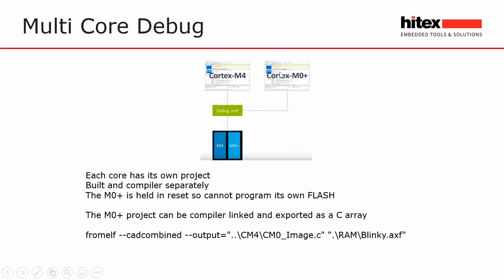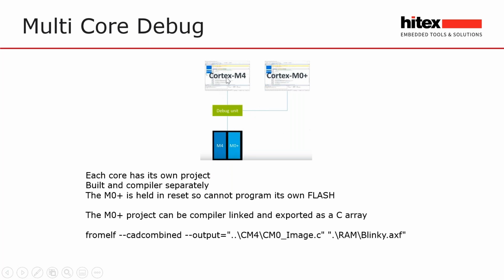But we have a bit of a problem that gets a little bit fiddly: generally the M4 processor, or core 0, will be executing from the reset vector from power on, but the secondary processor will be held in reset until it's released by the primary processor. So our M0 project can't communicate to the M0 on its own.